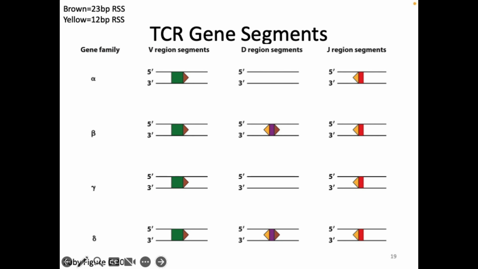Alpha and gamma are not heavy chains. They don't have D segments. The weird RSS issues that I told you about earlier with the alpha and betas are also true for gamma and delta. So all of that is the same. But there's one other fun little quirk to all of this.